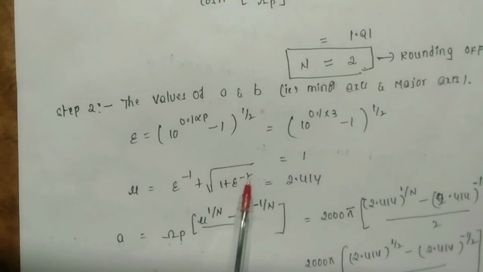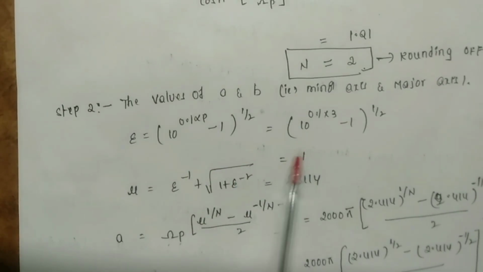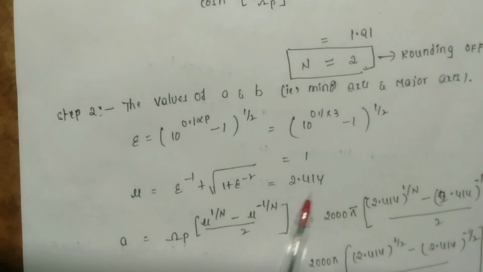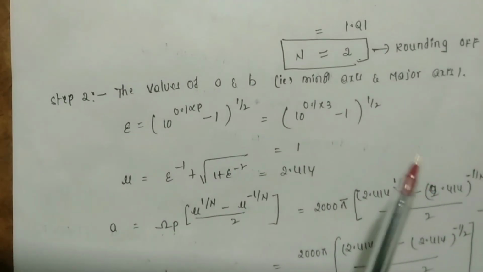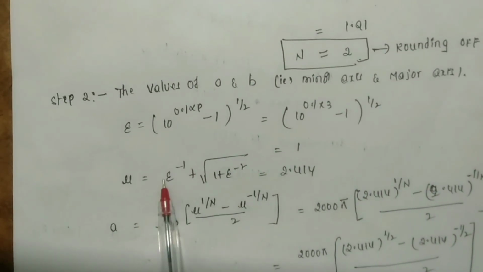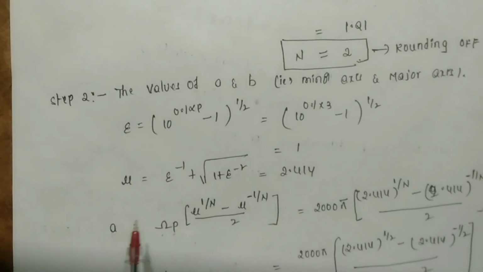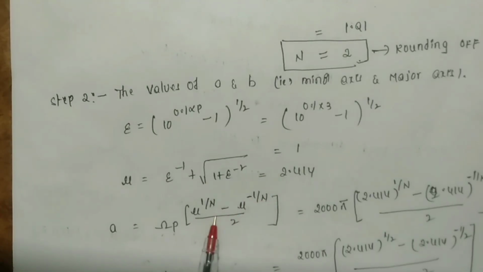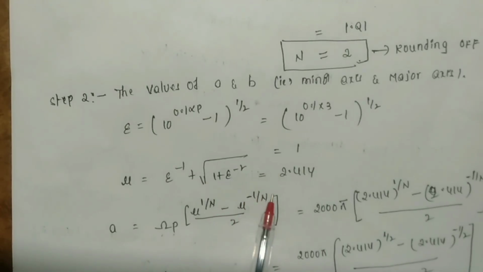Epsilon is 1, so 1 power minus 1 is 1 by 1. If you calculate this, you will get 2.414. Now after having the mu and epsilon values, you can easily calculate the A value. A is equal to omega p into (mu power 1 by n minus mu power minus 1 by n) by 2 into omega p.